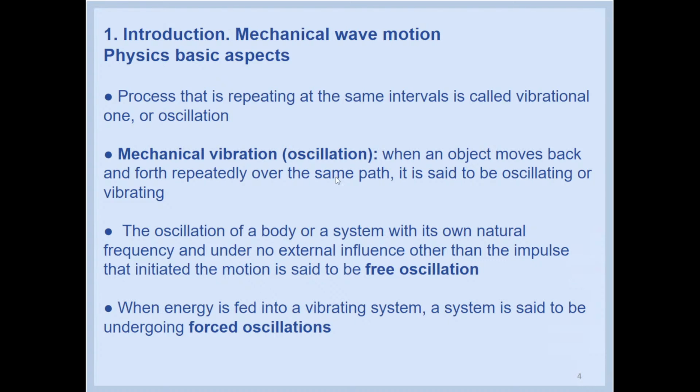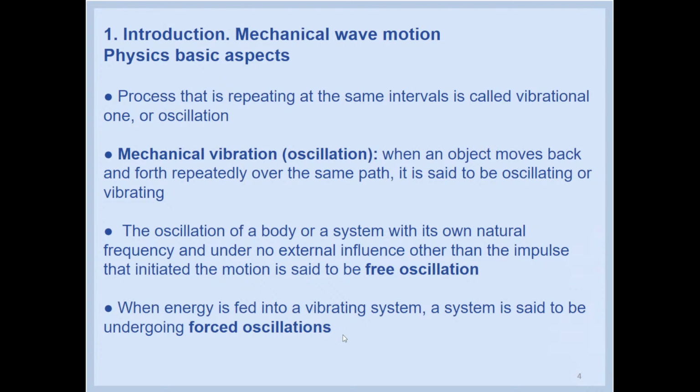What is the meaning of these two adjectives, own and natural? These stress that the frequency of the oscillation in this case is determined only by the parameters of the oscillating system. And one more kind of oscillation, forced oscillations.